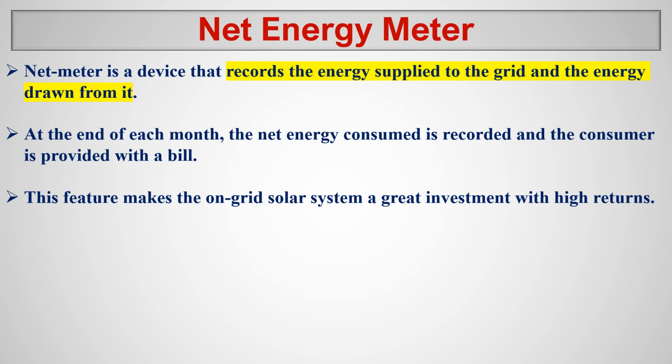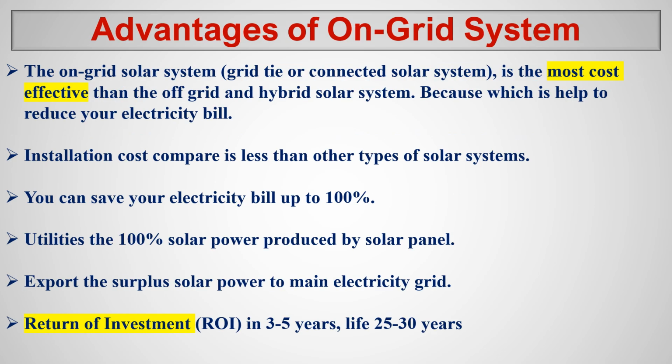So the investment return is high. One of the main advantages here is that the return is high because you have a backup grid supply. So you're not going to install large batteries or anything. Your installation is only about the solar panels and inverters and other equipment like charge controllers, all sorts of things.